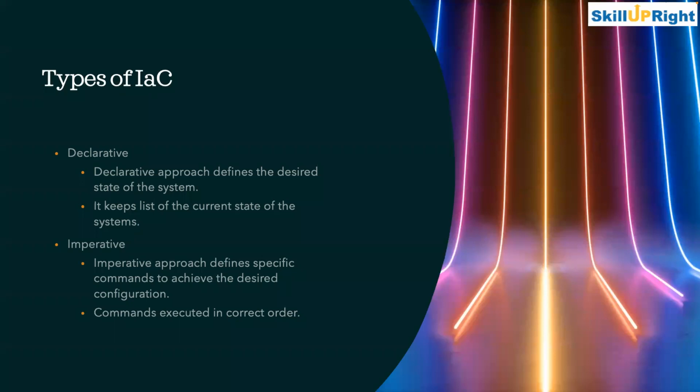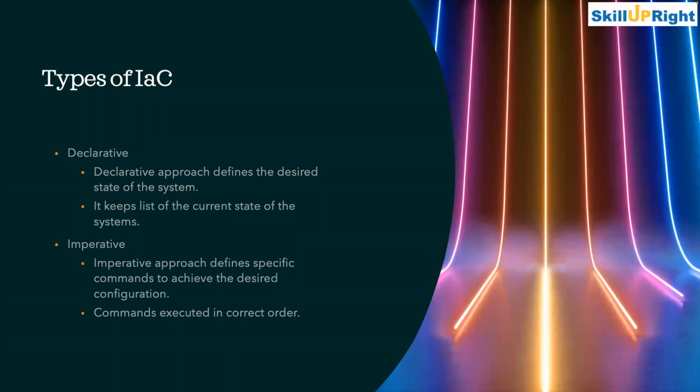What's the imperative one? Imperative is nothing but when you define your instructions, right? Previously 2, now I have 3. It won't actually store your state locally. What it has to do, let's say now I have defined 3 VMs, it will go to your cloud or data center.